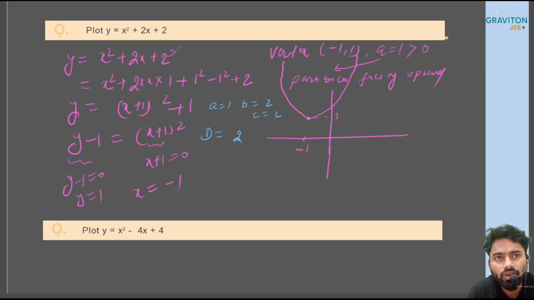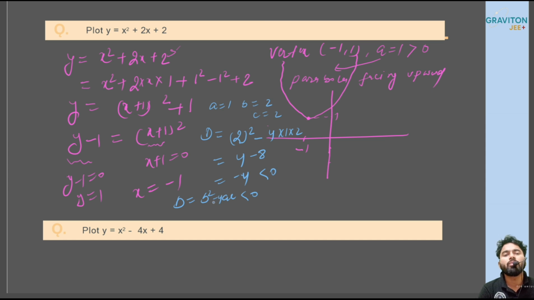So calculate b square minus 4ac: 2 square minus 4 into 1 into 2. So here you have 4 minus 8, that is minus 4, which is less than 0. That means b square minus 4ac is negative. And I already told you that if you have b square minus 4ac negative, then it has no real root. That means it does not cut the x-axis at any point, right?